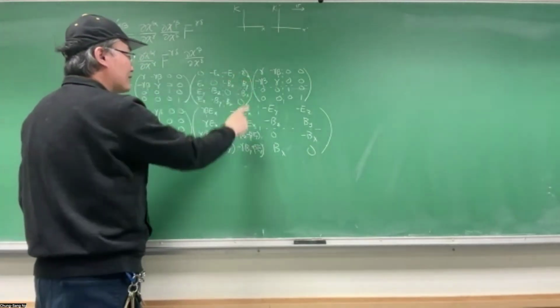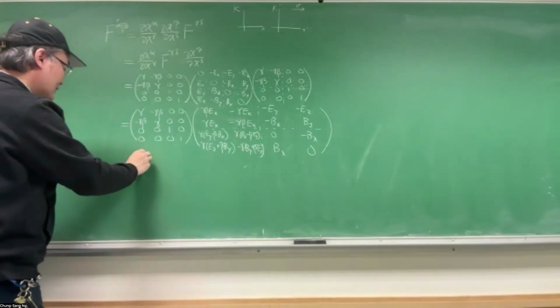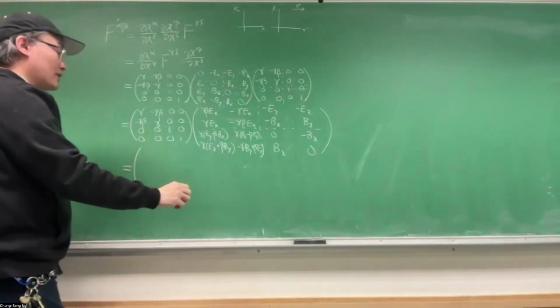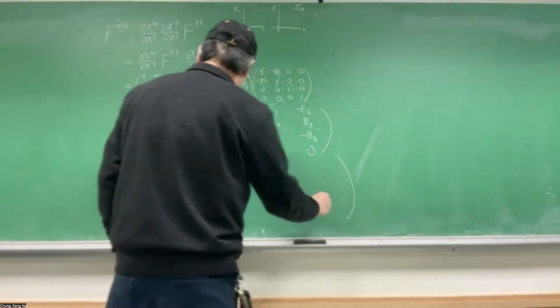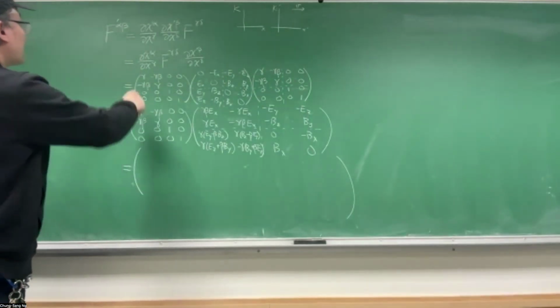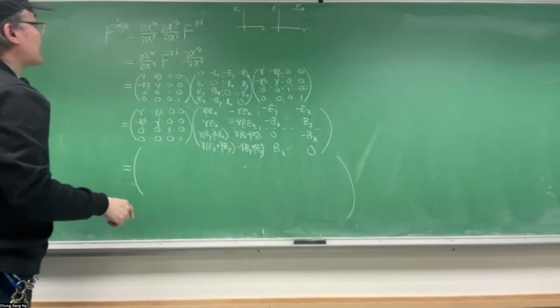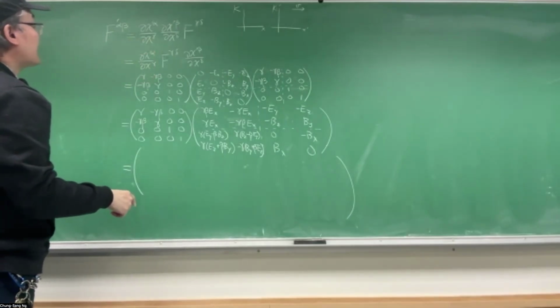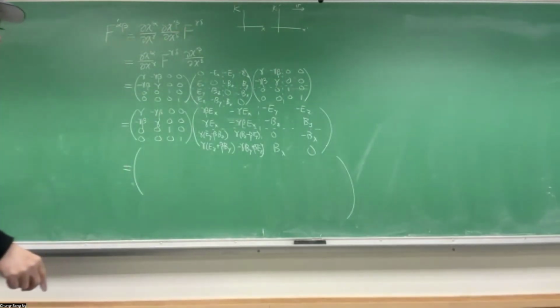So we're done with the first multiplication. Now we have the second one. Now for the second one, you can use a trick according to the symmetry. Because F itself is anti-symmetric, F prime should also be anti-symmetric.